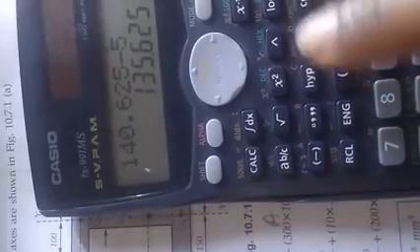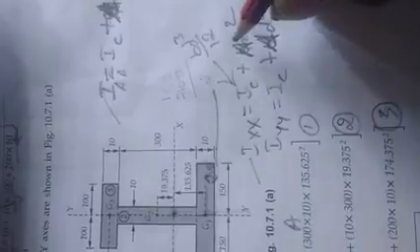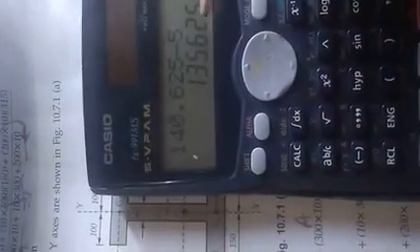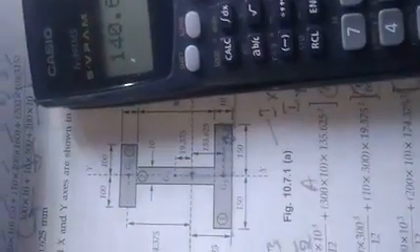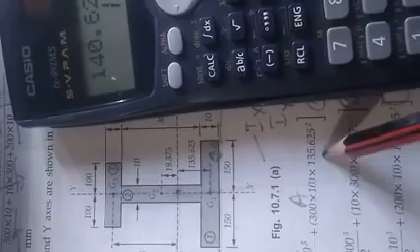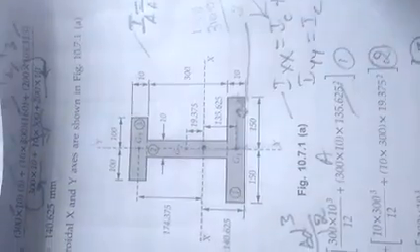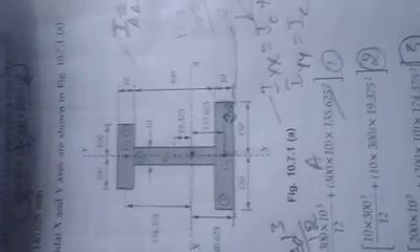That is 135.625. Here d square is there, no? In the place of d you have to write that distance. What is that? 135.625.